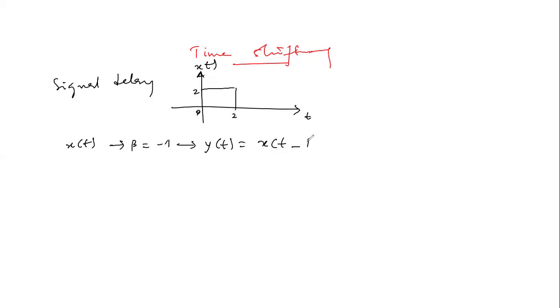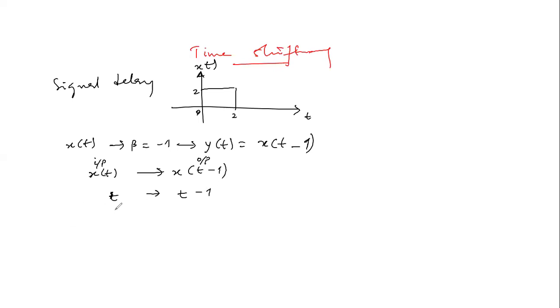Now that we have this, it means s of t will give us s of t minus 1. Like we mentioned earlier, this is our input and this is our output. So it means t is going to give us t minus 1.